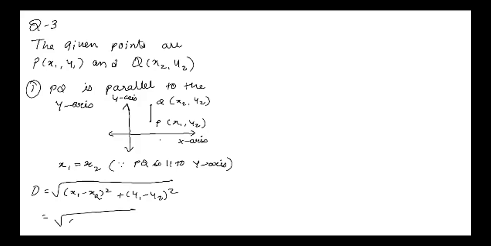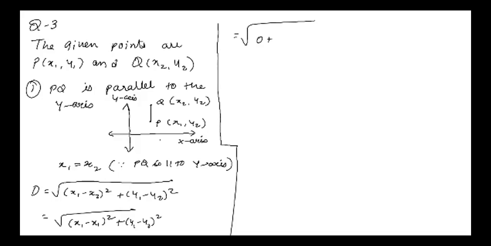But as x1 is equal to x2, I can replace the value of x2 as x1, plus (y1 minus y2) whole square. So here 0 plus (y1 minus y2) whole square. So square and square root will get removed and your answer will be mod y2 minus y1.